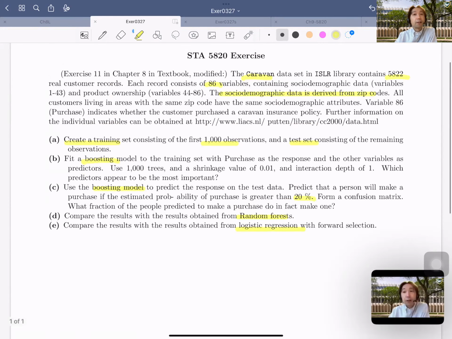So that is the question. Now that we separate the group, how many people are here? 1, 2, 3, 4, 5, 6 people.